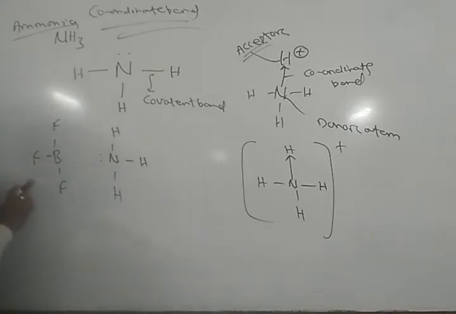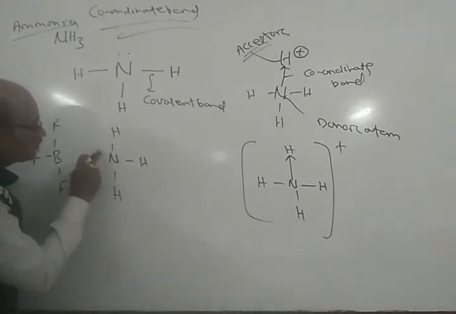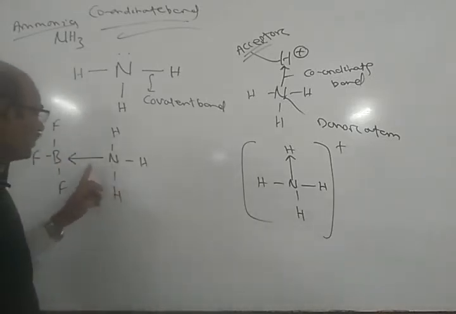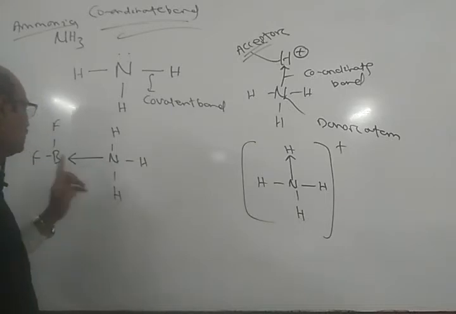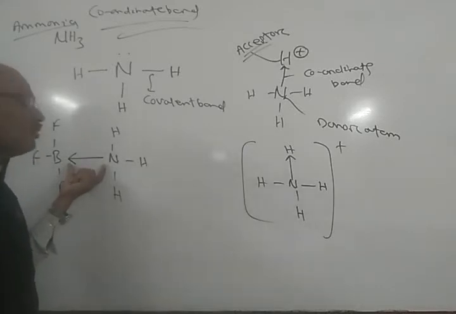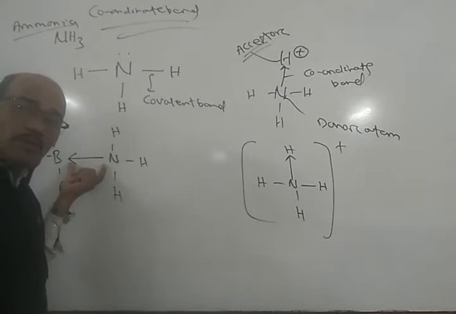But in BF3 we have a deficiency of electrons. So what happens here? This nitrogen atom gives the electron pair to the boron. Remember, giving means first it is donating, then the boron and nitrogen atoms share the electron pair. So this is called a coordinate covalent bond.